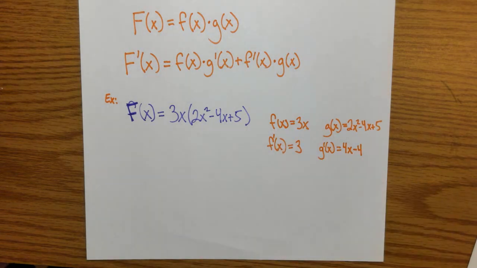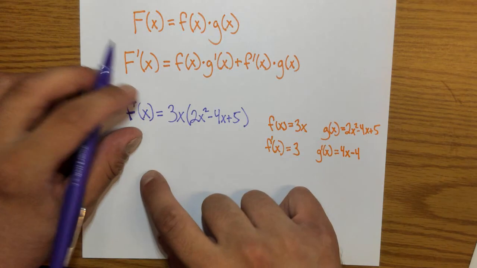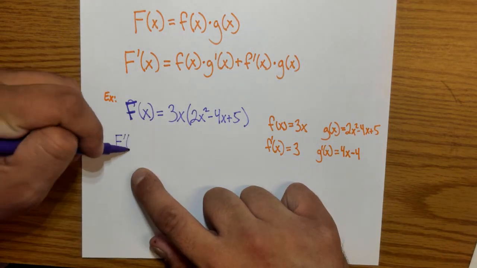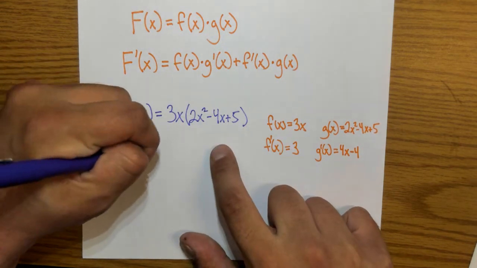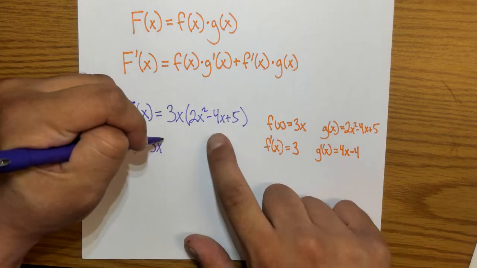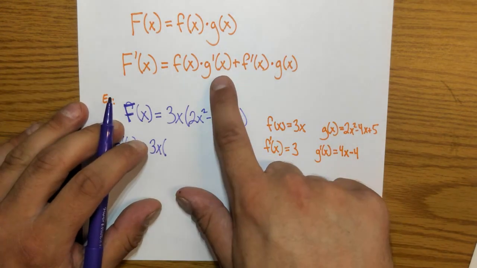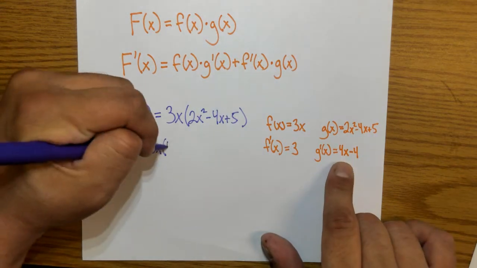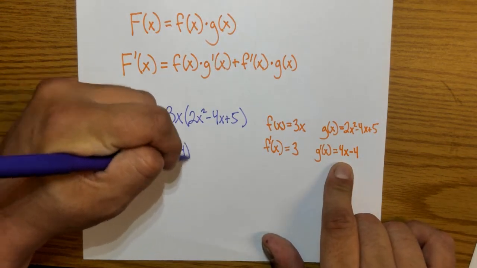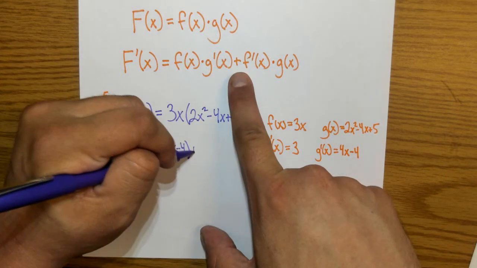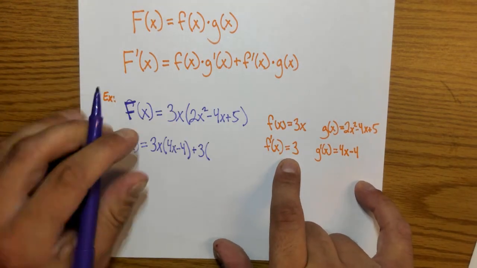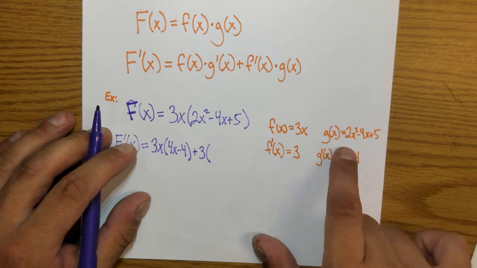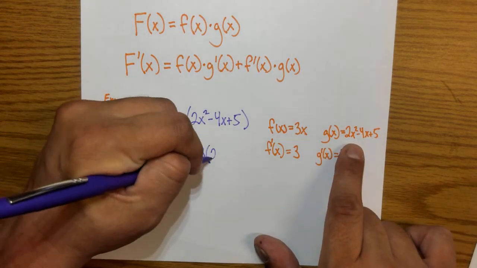So we can go ahead and just write it like this. We have F prime of x is equal to f of x, so 3x, times g prime of x, so that's going to be this 4x minus 4, plus f prime of x, which is just 3, times g of x, so 2x squared minus 4x plus 5.